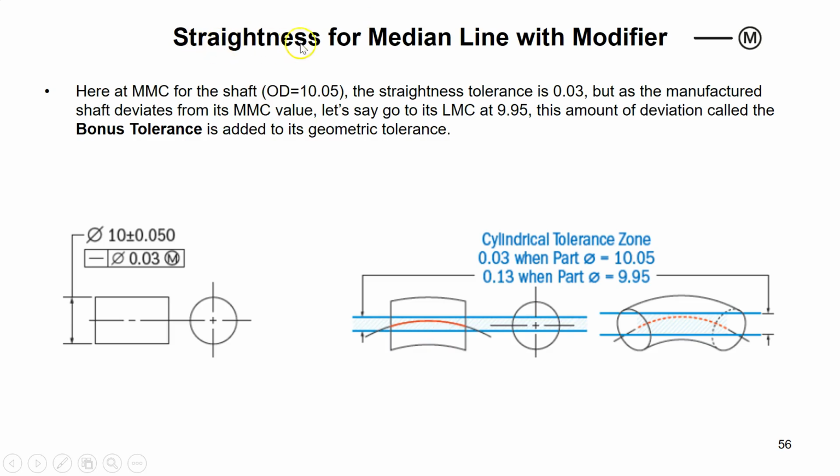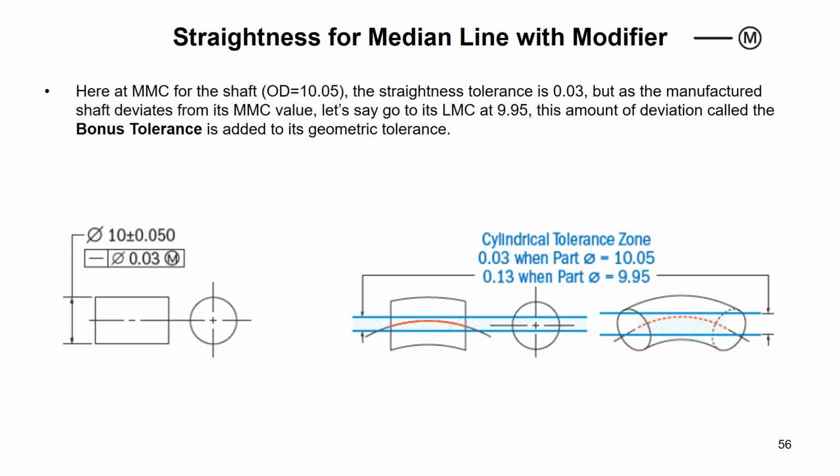So here we look at the straightness for the median line of a cross section with a modifier M. Here I have the cylinder with a diameter of 10 plus and minus 0.05, and the median line has to be straight with a geometric tolerance of 0.03 with a modifier M. What does that all together mean?